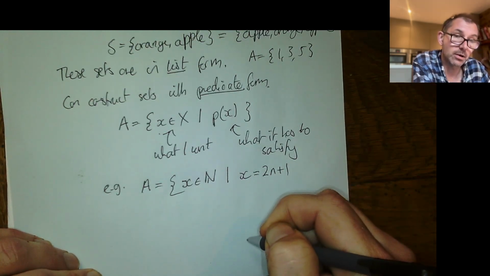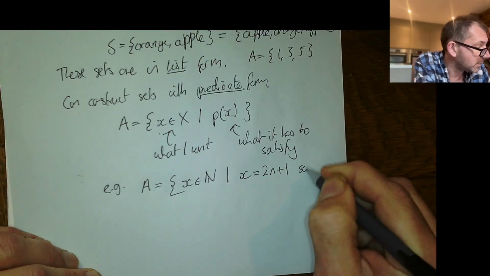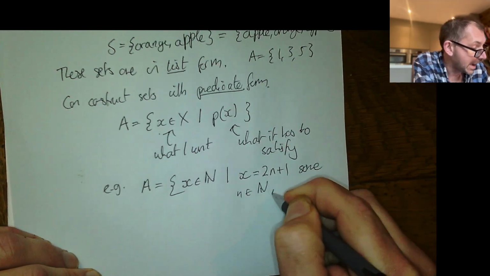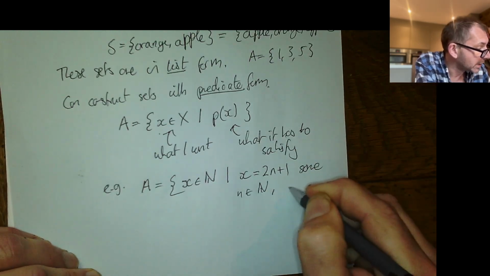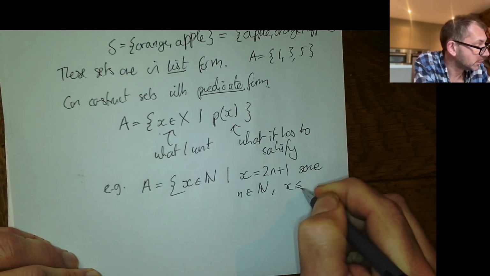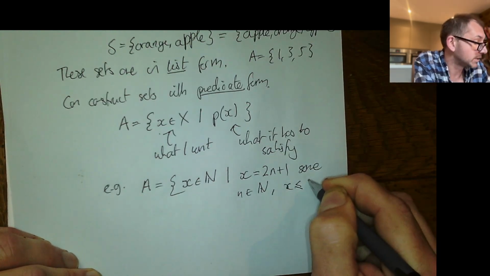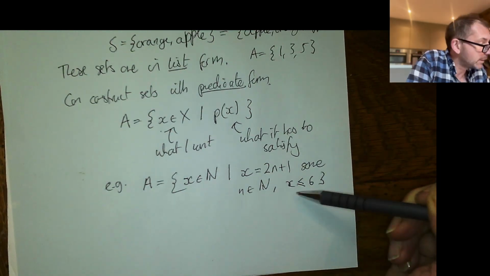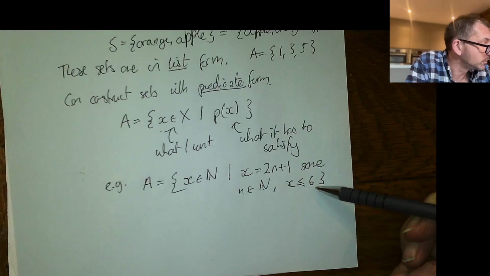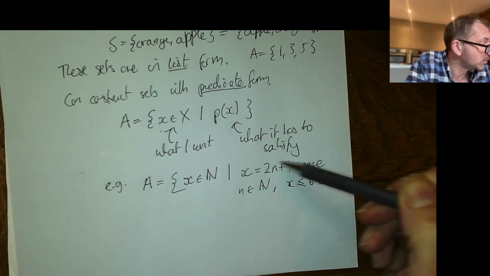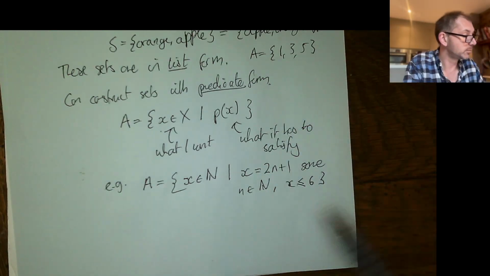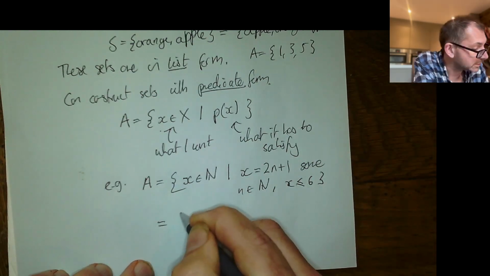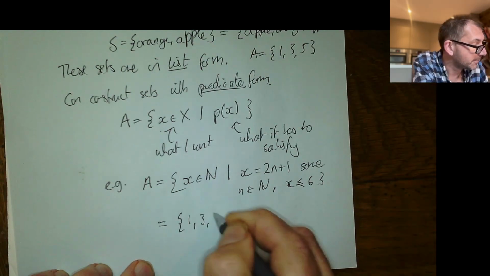I want it to be odd for some n in N, and I want X to be less than or equal to, let's say, 6. So I only have to look from the elements 1 up to 6 and find out which ones are odd, and then I will get that list. So that is 1, 3, 5.